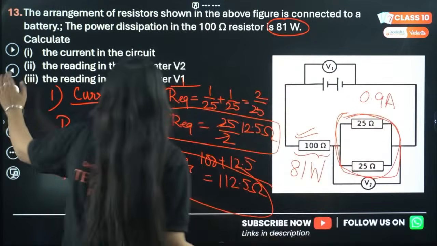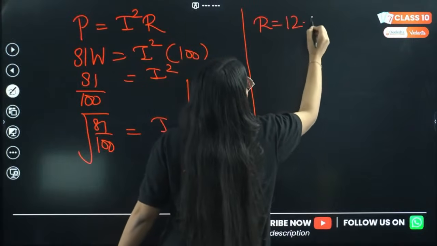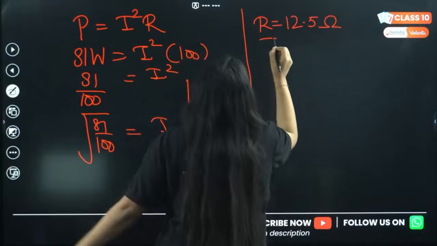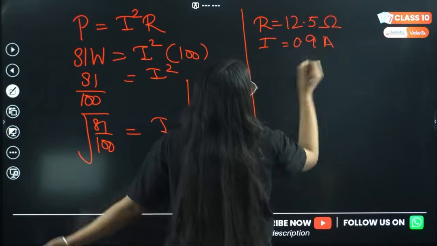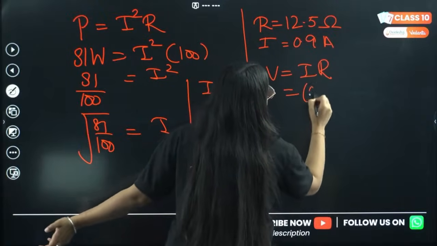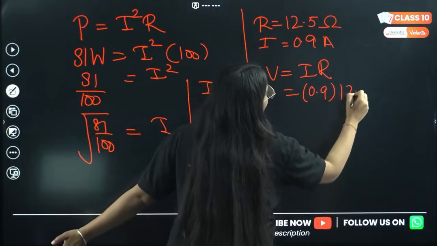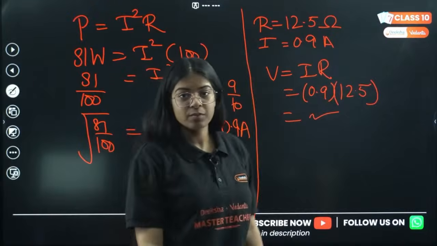Now I have the resistance as 12.5 ohm, and I have my current as 0.9 ampere. Can I easily use Ohm's law and find the voltage? 0.9 into 12.5. Can you easily calculate this and find the voltage? Correct?